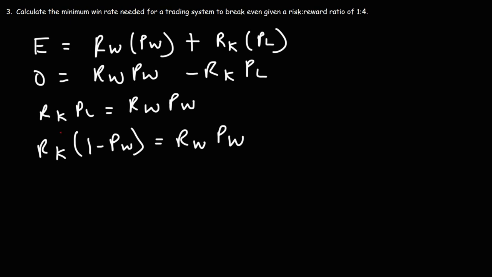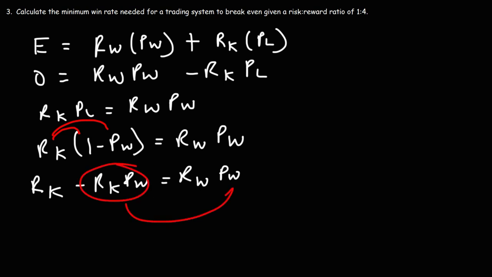Next, we need to distribute RK to 1 and to negative PW. So RK times 1 is just RK, and then we have minus RK times PW. Now I'm going to take this term and move it to the other side. It's negative on the left side, but it's going to be positive on the right side.